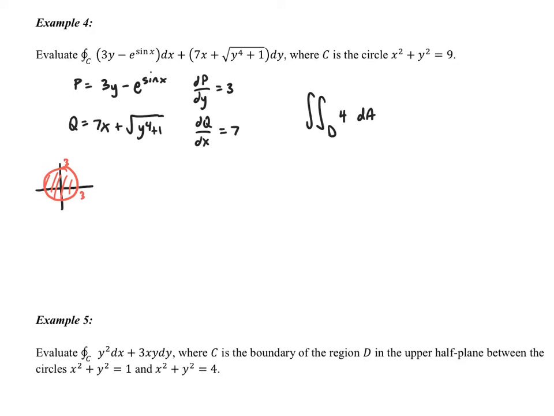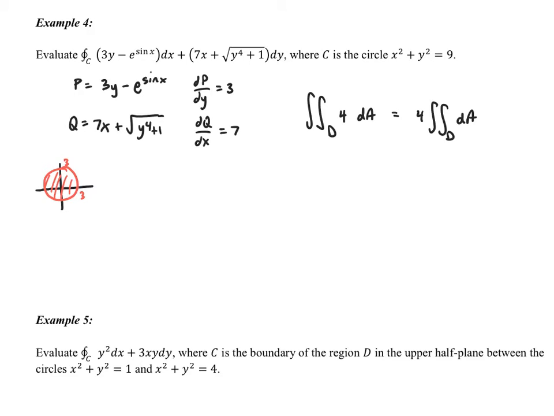Now, if you remember, we talked about this a lot in chapter 12. If we have an integral that has an integrand of 1, in other words, if we factor out this 4, we have this double integral with a function of 1, okay? That is actually just the area of the region.